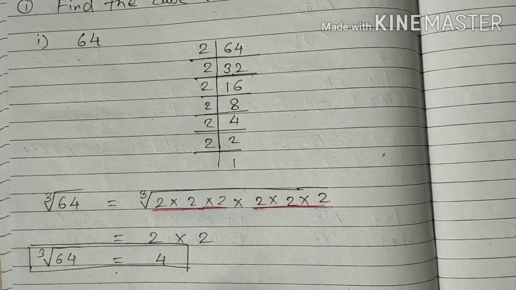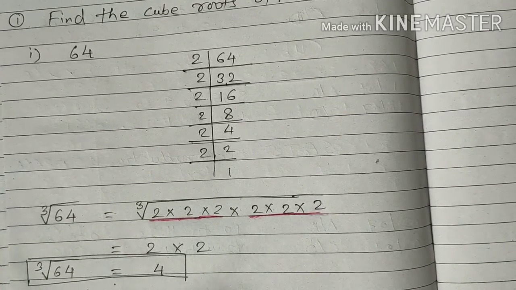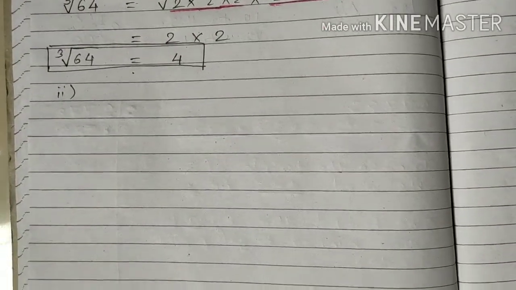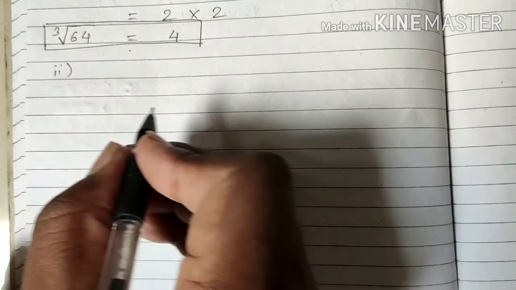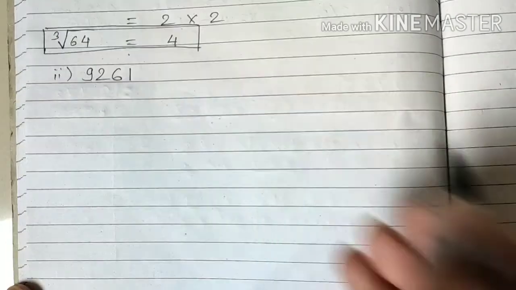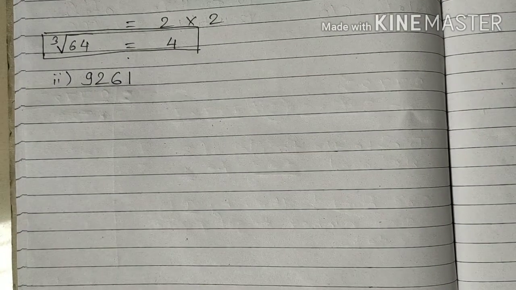Second example we are taking, 9261. Okay, so let us find out the prime factors of 9261.